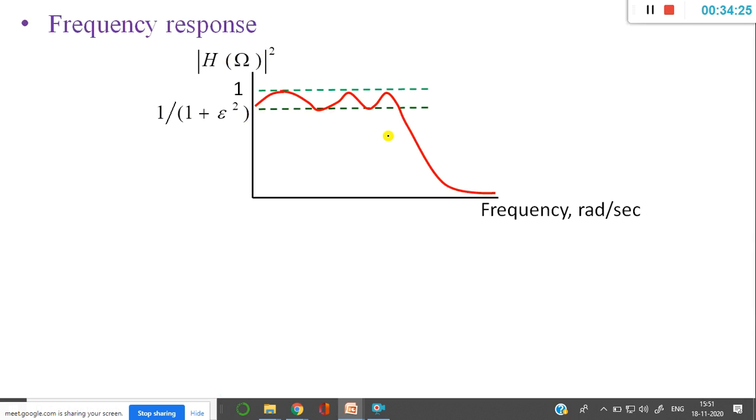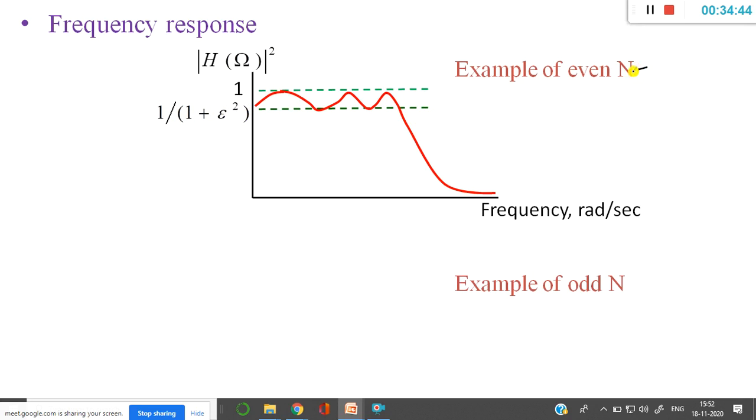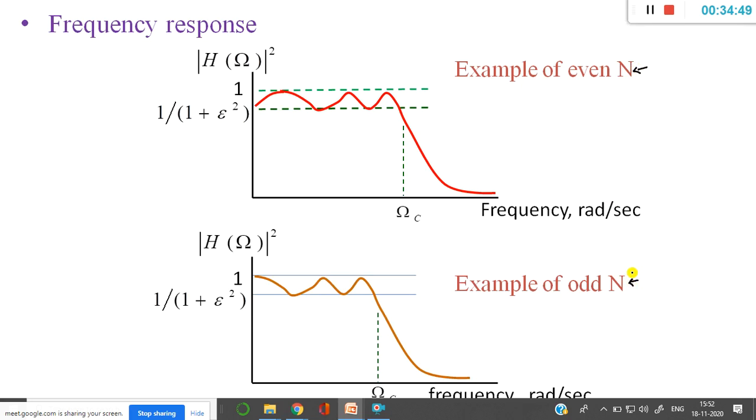Okay. Now, this is all about the frequency response as I explained here. This value will be 1 divided by 1 plus epsilon square, and the height is nothing but 1 minus this value. Another very important point is whether I have an even or an odd number of poles, that is how it is going to vary here. Look at this: when n is odd, it gives a kind of cosine wave.